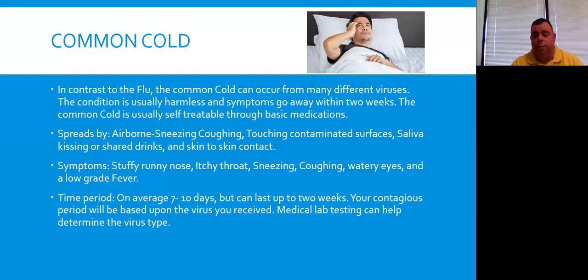It can last up to 2 weeks, but just remember too that these symptoms are not nearly as strong usually as the flu. Your contagious period will be based upon the virus you received, and medical lab testing, as we said, is how we determine what type of virus you have. And it also lets doctors know how to fight that virus once they know what it is.